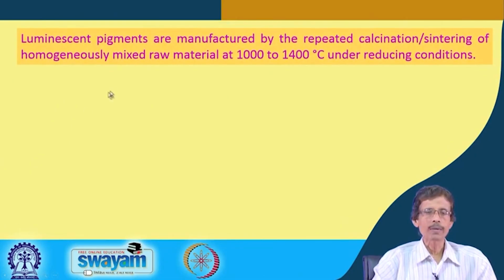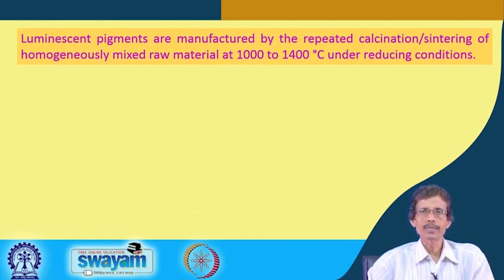So, these luminescent pigments we can manufacture by repeated heating, that means the calcination process along with sintering of homogeneously mixed raw material, because we can have different components which we first mix homogeneously. We can use a solid state homogenizer to get the raw material of uniform composition.